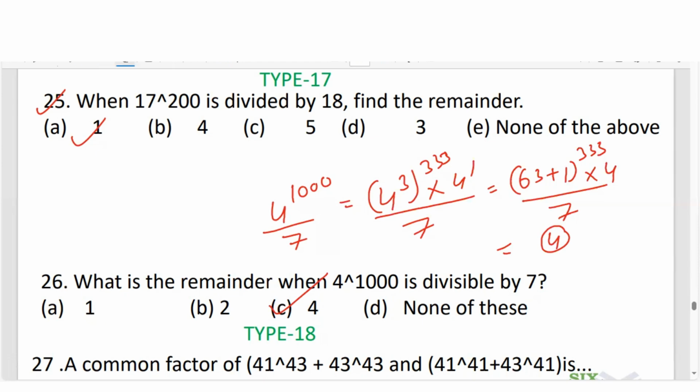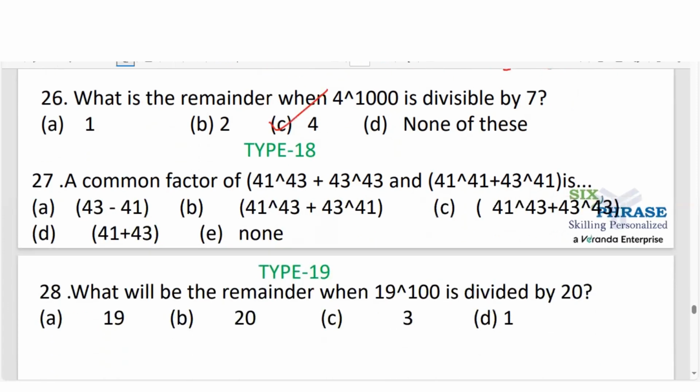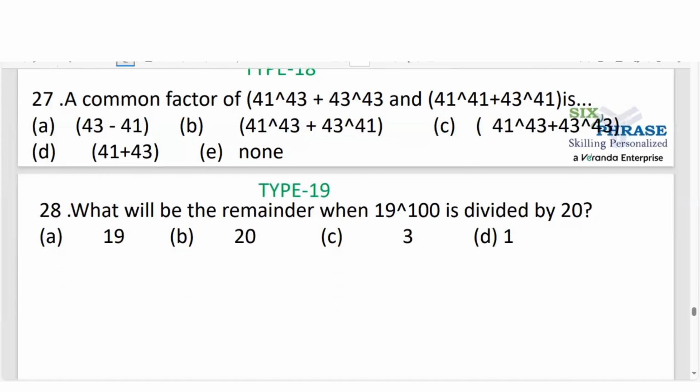One more question you see, a very important question. This is question number 27. A common factor of 41 to the power 43 plus 43 to the power 43, and 41 to the power 41 plus 43 to the power 40. So what is the common factor?